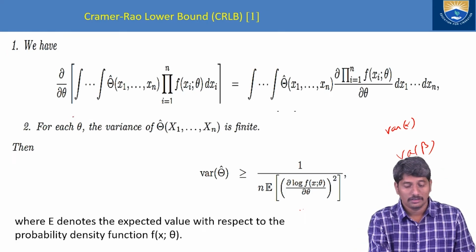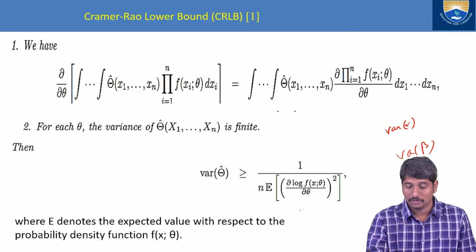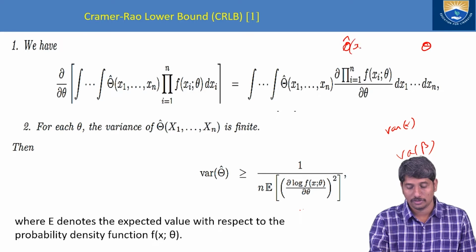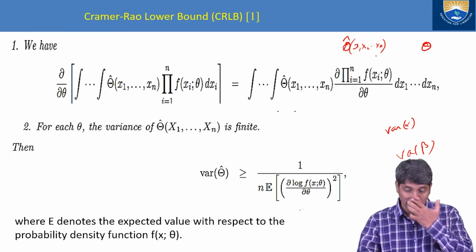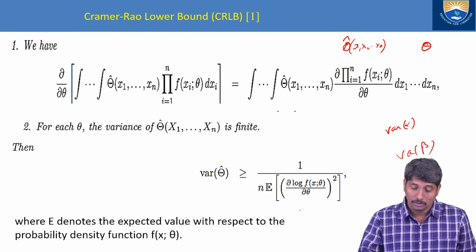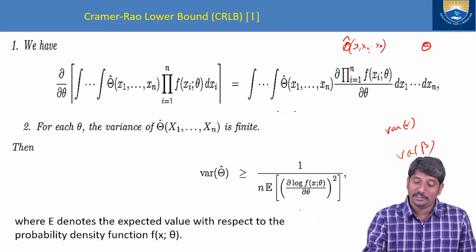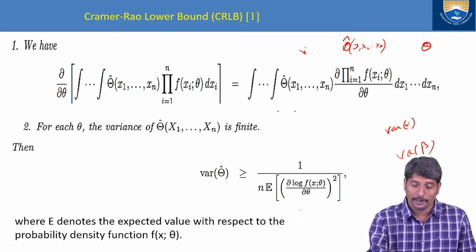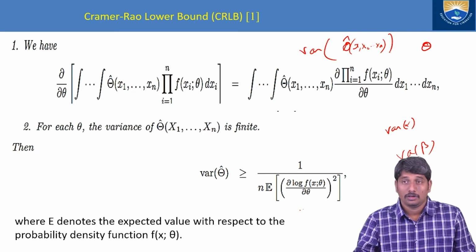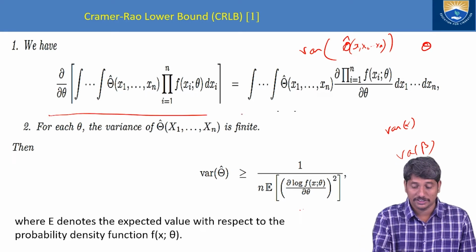Suppose we are trying to estimate theta with the help of a formula phi cap on a sample, or random variables x1, x2, and so on, xn. Then you can find the lower bound of the variance of theta cap if it satisfies this condition. What is the condition?